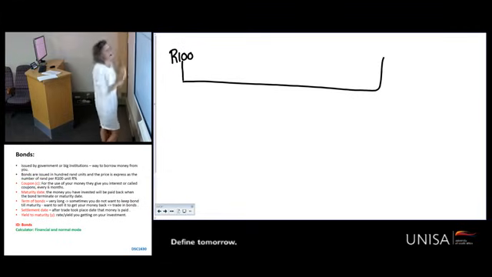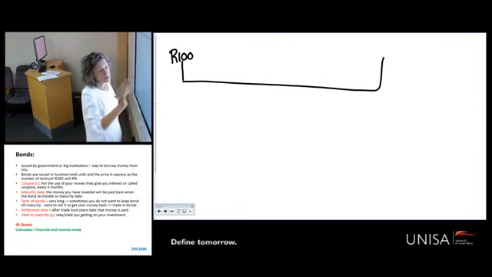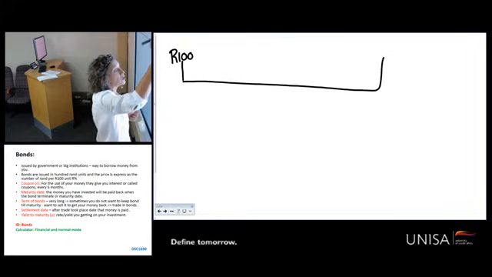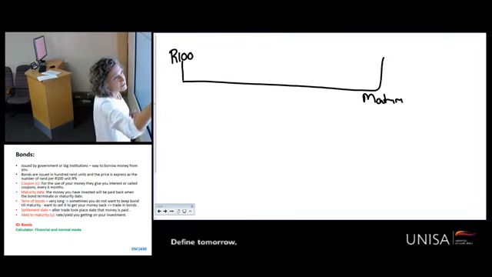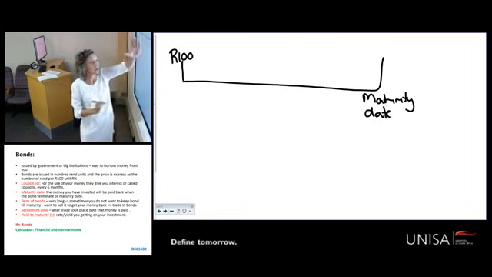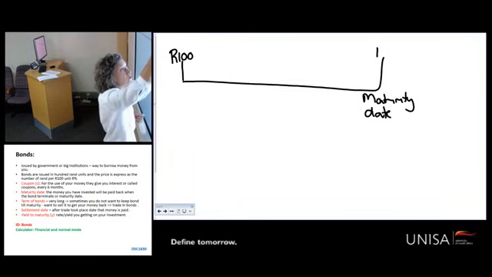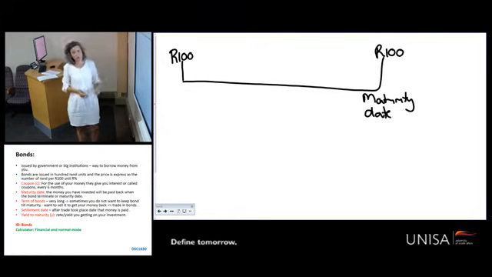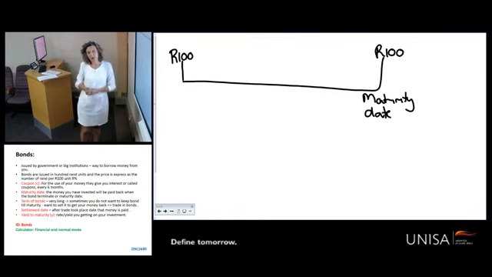If you give them 100 Rand, then at the end of a long time period, that bond will mature, what we call the maturity date. After quite a long while, the bond will mature, and they will give you your 100 Rand back.